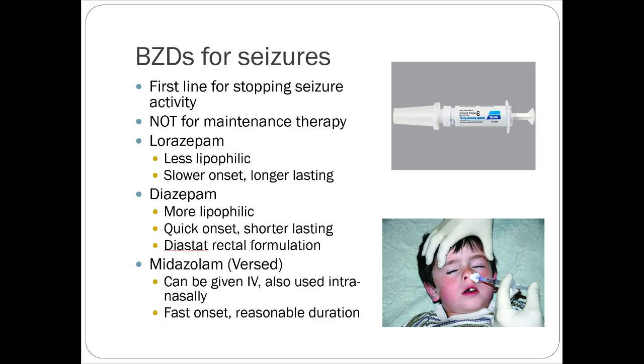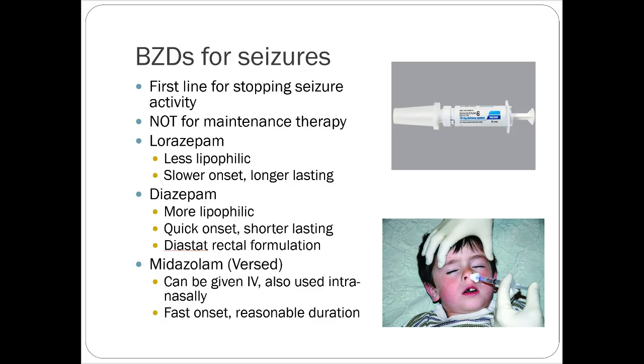So it works fast, but you can get a rebound seizure once that happens. Lorazepam, on the other hand, stays in the central nervous system at a higher concentration for a longer period of time. So that's why it's preferred. Now, in an ideal world, could you give diazepam as your first drug, quickly in seconds, and then switch to lorazepam? Certainly, but that's just not realistic in most situations.